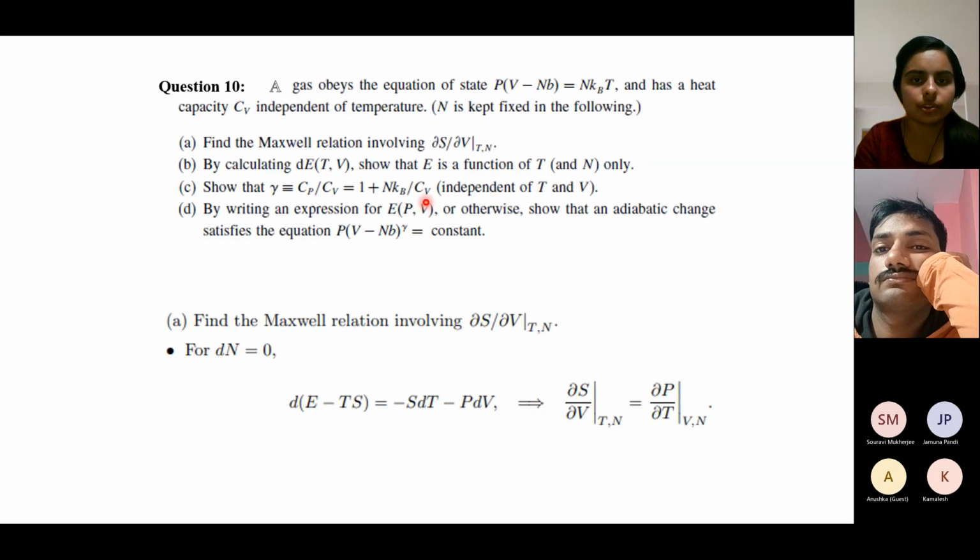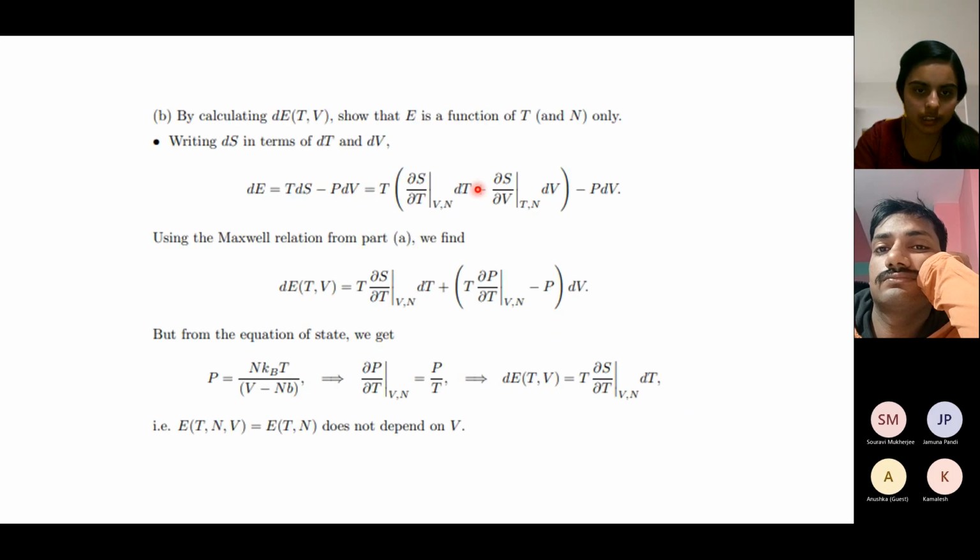We have to find the expressions for Cp and Cv, and see here that N and Kb do not depend on temperature. So in a way, Cv should also not depend on temperature. Correct? And then that will tell you that the entire term is independent of T and V. So let's see how to do that.